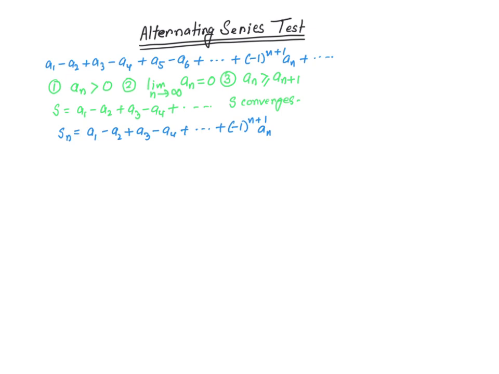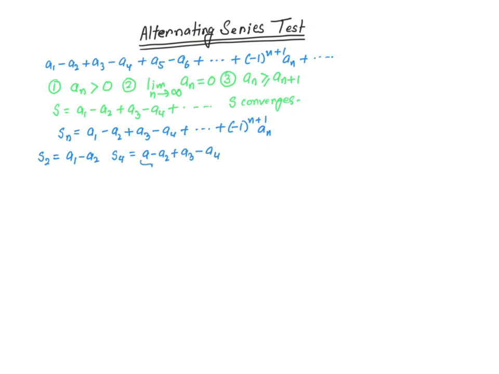Now let's create a partial sum for S2, which is going to be a1 minus a2. How about S4 is going to be a1 minus a2 plus a3 minus a4.